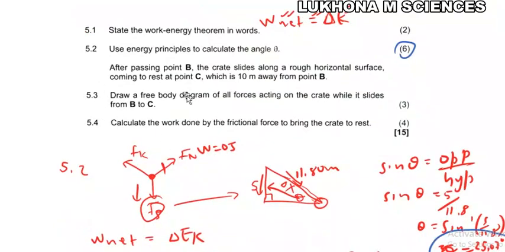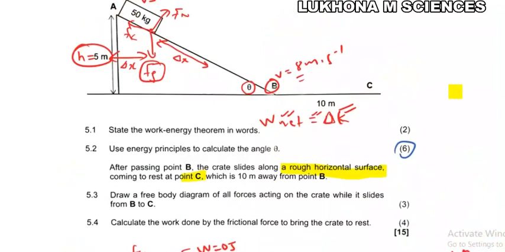The following question says, after passing B, the crate slides along a rough horizontal surface, so the surface is rough, and comes to rest at C. So at C, the crate has a velocity of 0 meters per second.